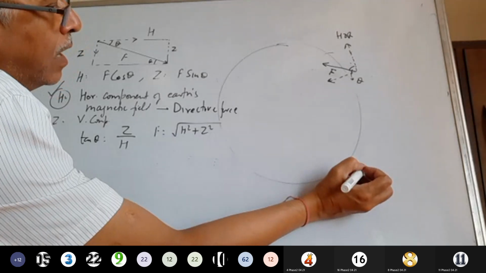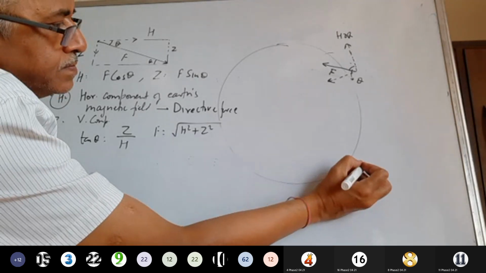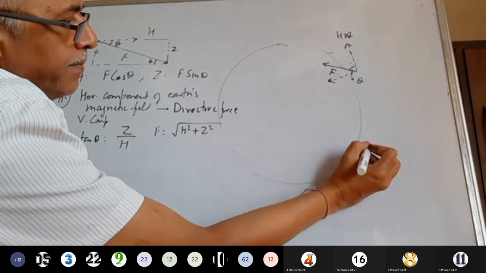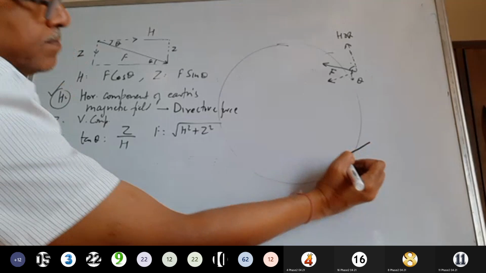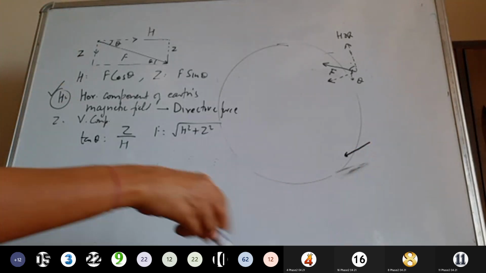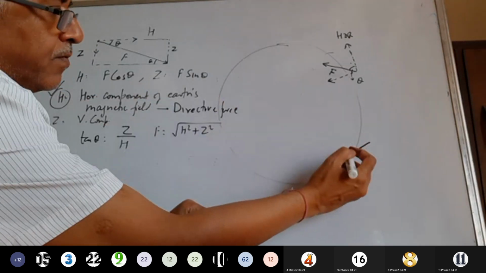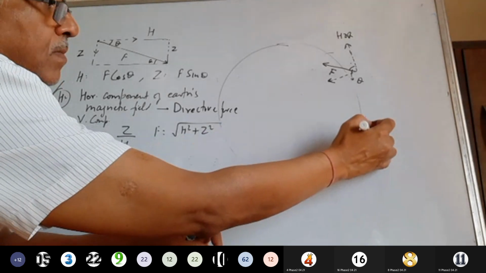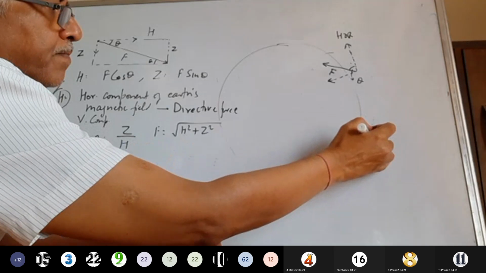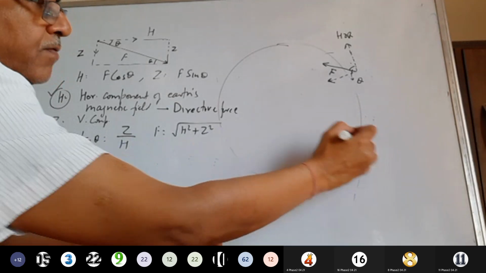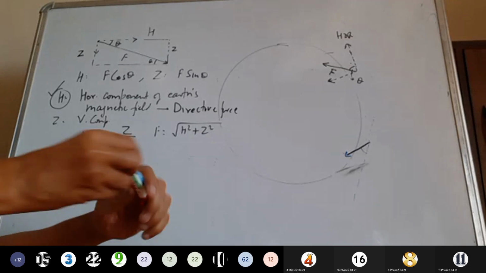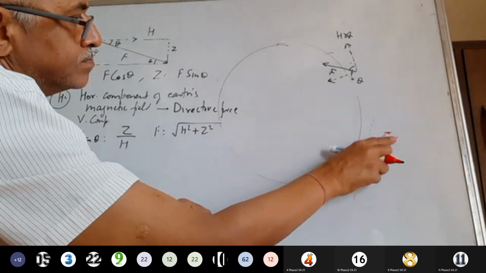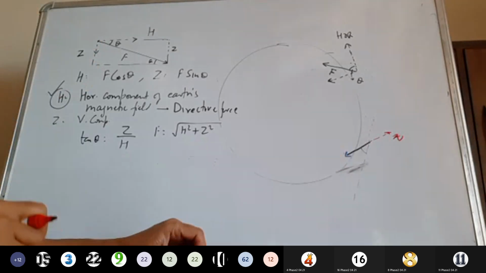Let us say the blue end of the needle is pointing in this direction, and this is the horizontal at the place. So this is your angle of dip. And the red end of the needle is pointing in this direction, that means the north end.